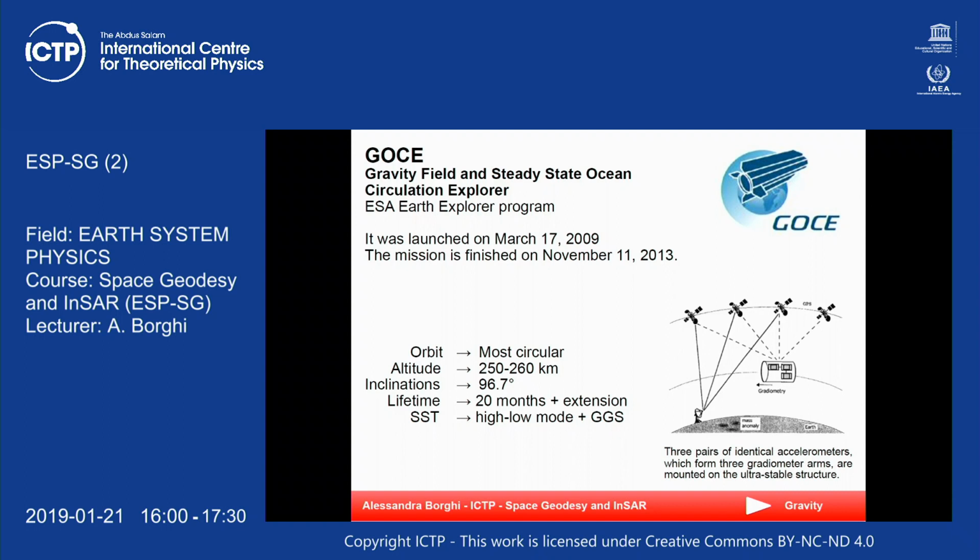It was a 20-month mission, and after the mission, when the satellite stopped, it came lower and lower in the atmosphere. The researchers are very interested in the data from the satellite closer to the Earth, of course, because you can record higher frequencies.